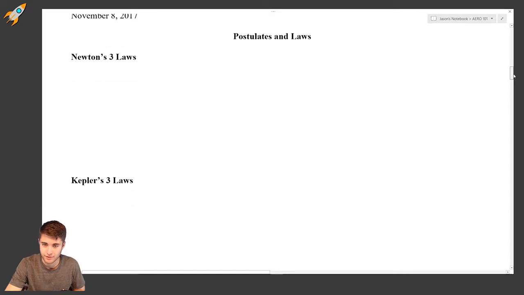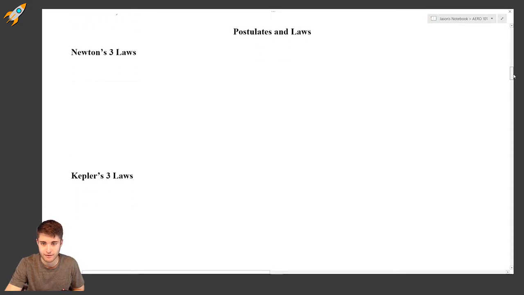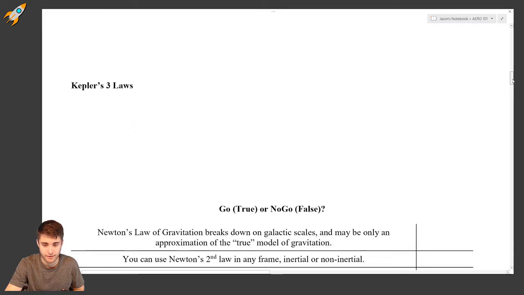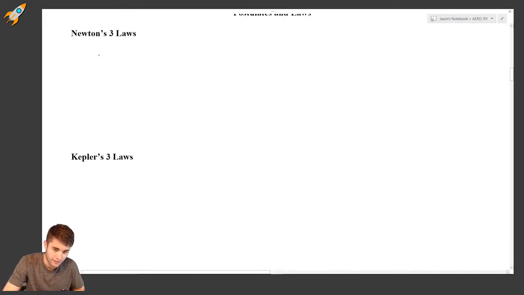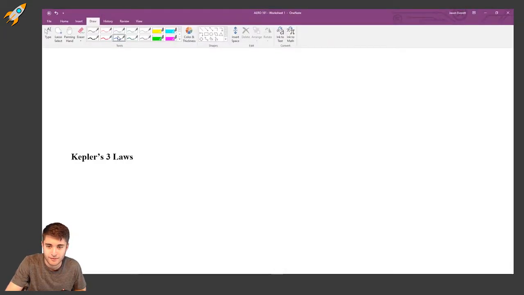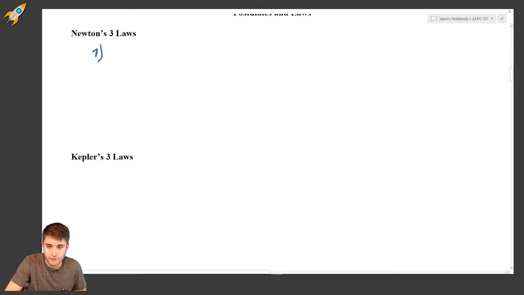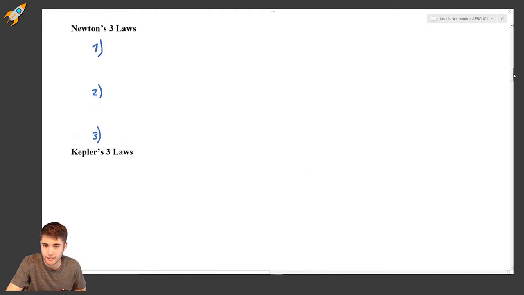Next section, postulates and laws, right? We've got 3 of Newton's laws, and we've got 3 of Kepler's laws. Let's try to fill these in. Let's go like 1, 2, and 3. If you guys know any of Newton's 3 laws or any of Kepler's 3 laws, just go ahead and shout them out.